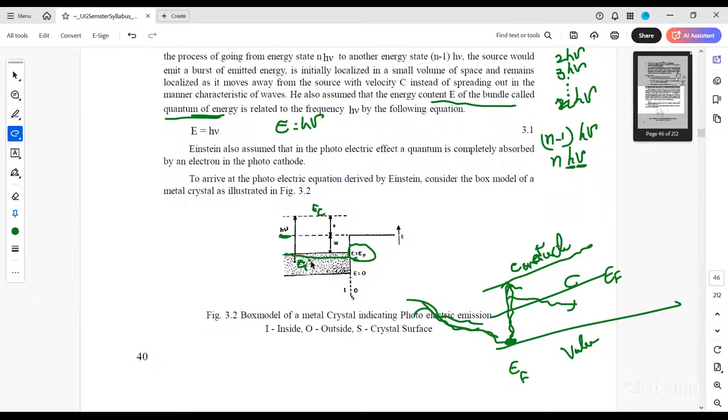After passing some light energy, it is losing some. So how does this diagram represent it in general? Here we have the conduction band. This side we have the valency band. When light falls on a material, from where to where is it going? It is going from the valency band to the conduction band.